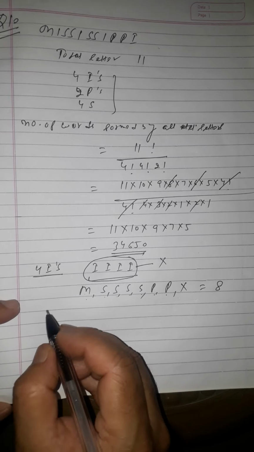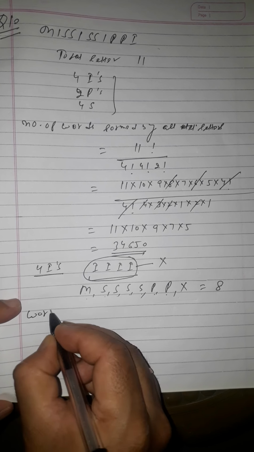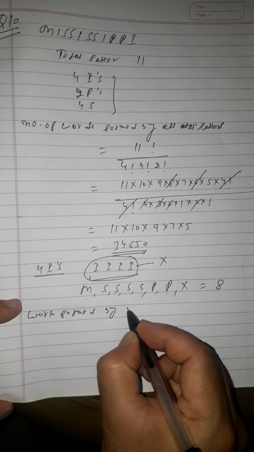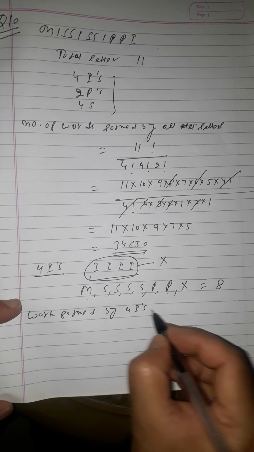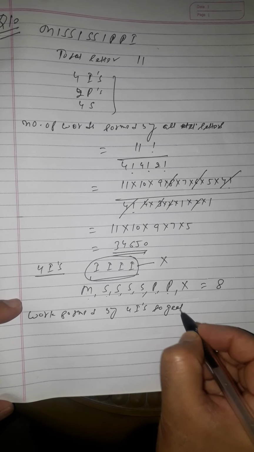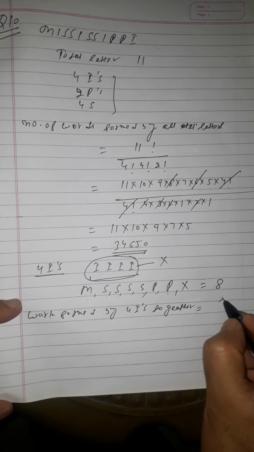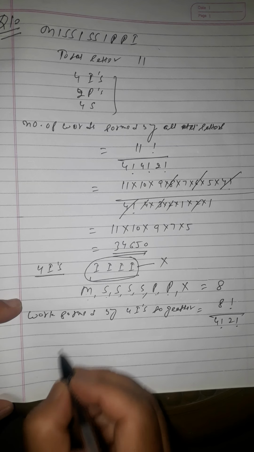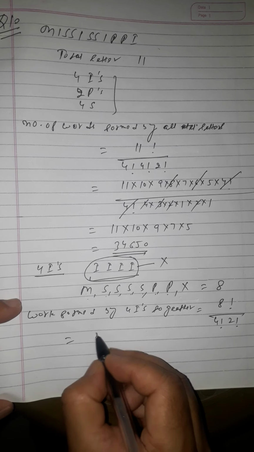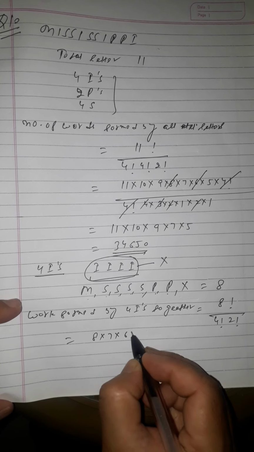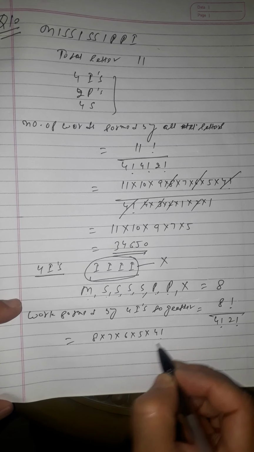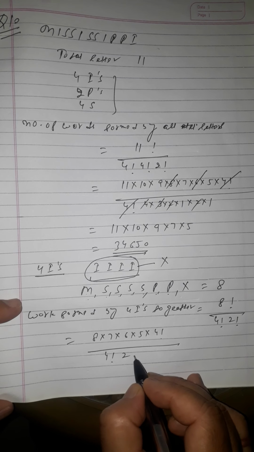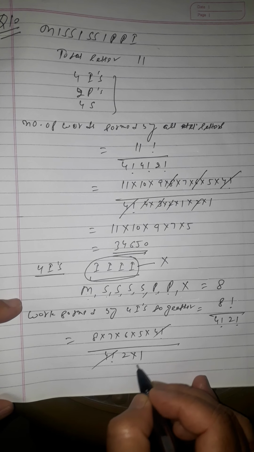Now the words formed by the four I's together will be equal to 8 factorial upon 4 factorial into 2 factorial, and it will come as equal to 8 into 7 into 6 into 5 into 4 factorial upon 4 factorial into 2 into 1.